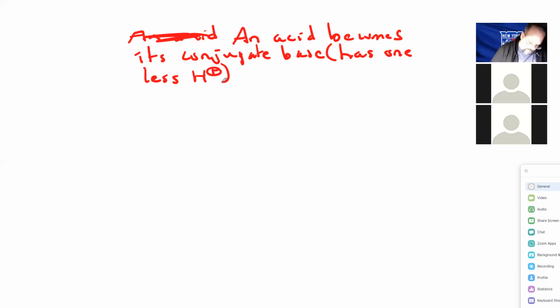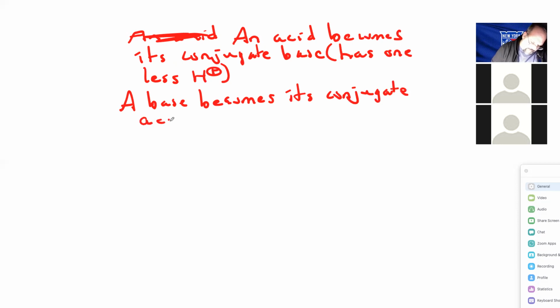On the other hand, a base becomes its conjugate acid. And what's the difference here? The conjugate acid has one more proton.